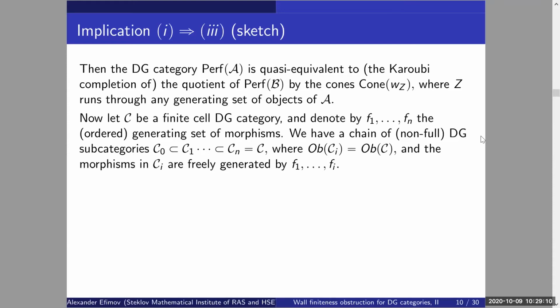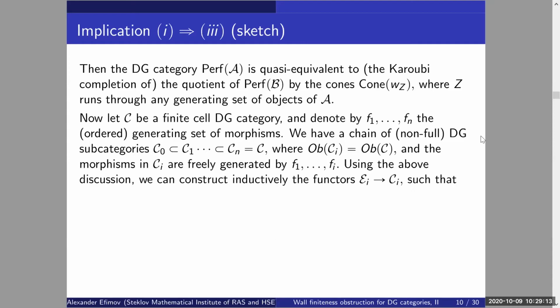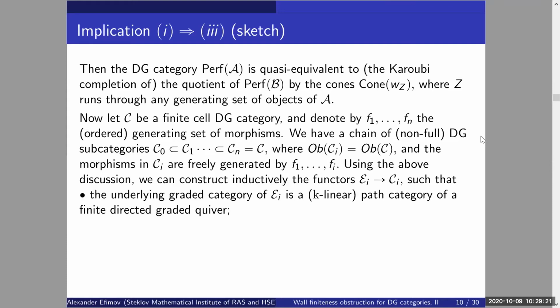etc., Fi. And then, by what we already discussed, we can inductively construct these localization functors, Ei to Ci, where Ei, as a graded category, is a path category of a finite directed graded quiver.